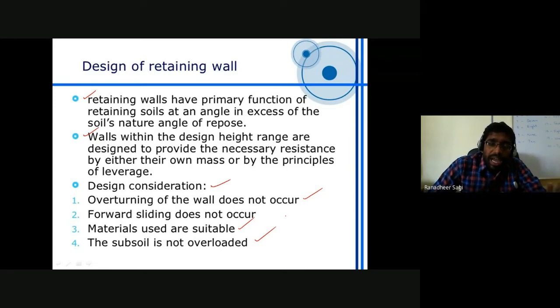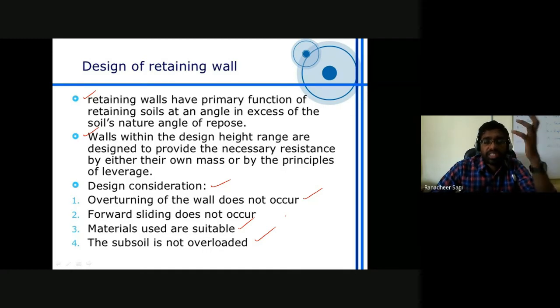Okay, so you have to be very careful in understanding first what are the soil properties or the soil conditions of that subsoil, and then accordingly how much is the bearing capacity of that soil and how much is the load, how much pressure you want to get transferred from your retaining structure onto the soil.